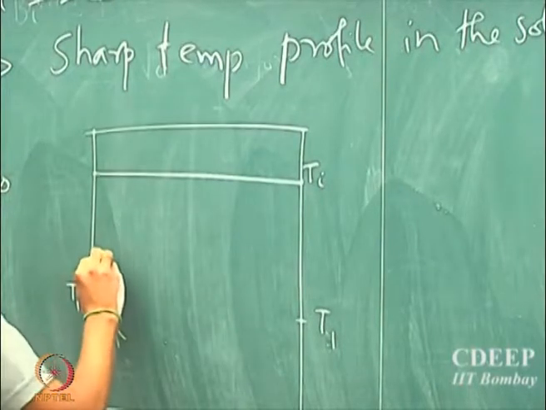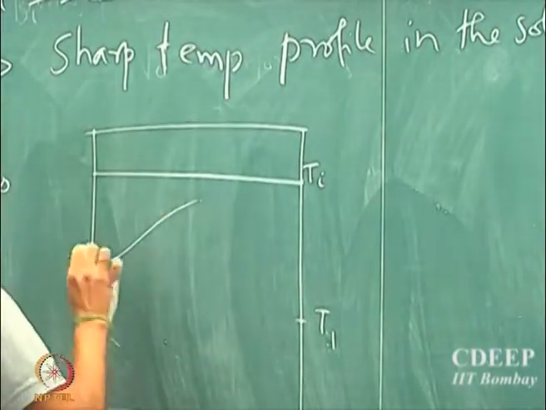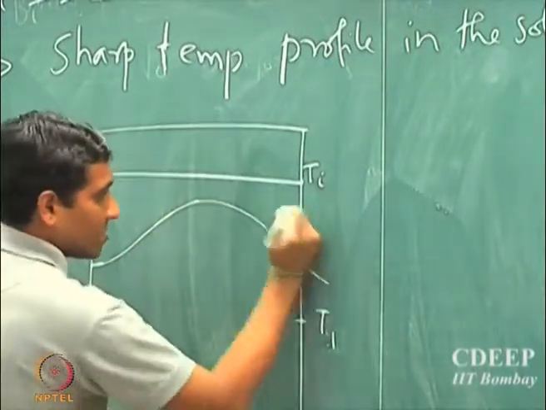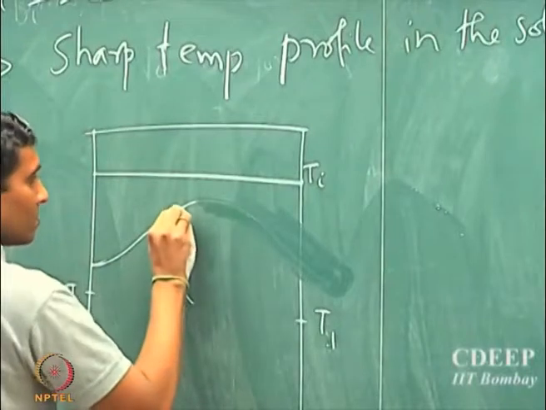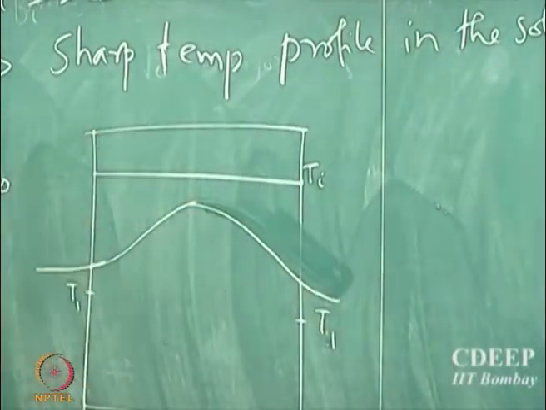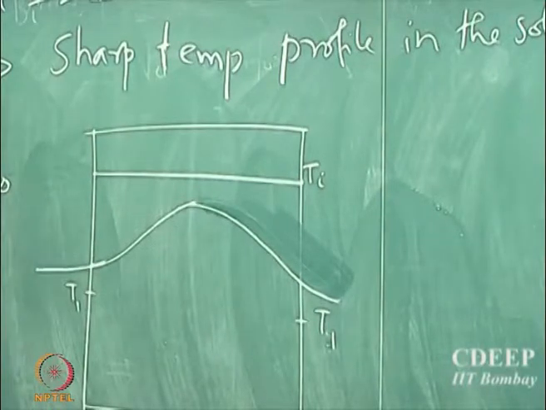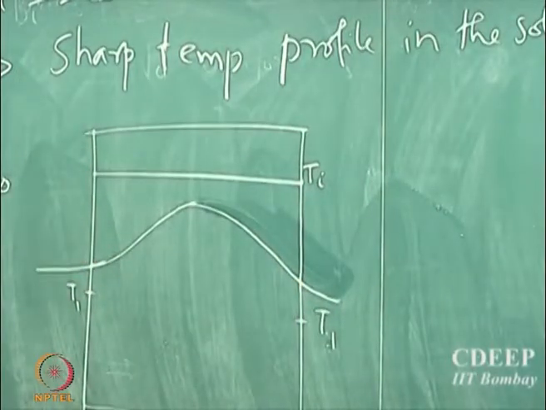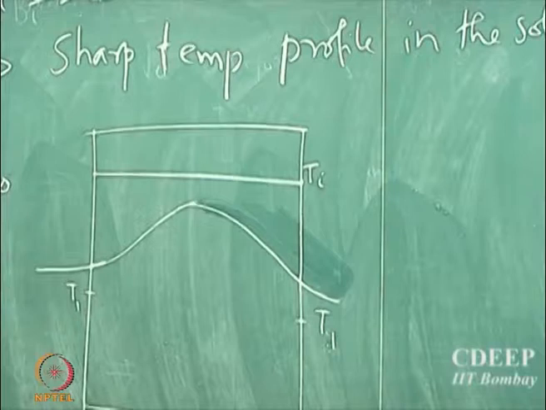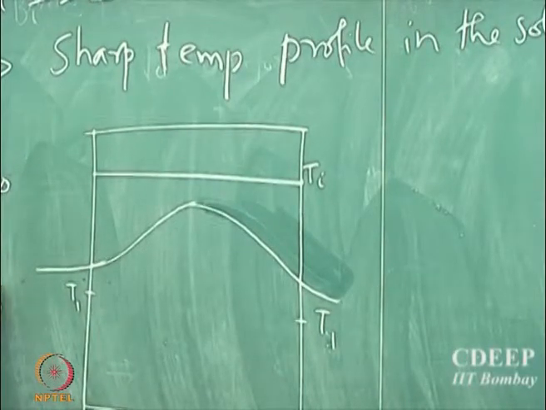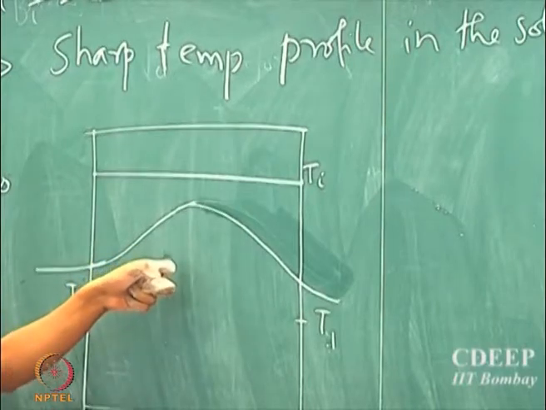Then as time passes by, because the Biot number is much larger than 1 and the resistance to conduction is much larger than the resistance to convection at the boundary, you would expect that the gradient outside the solid is going to be much smaller than the gradient inside the solid.